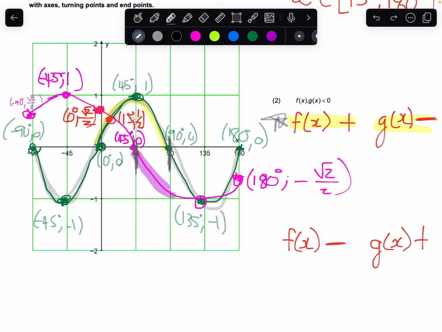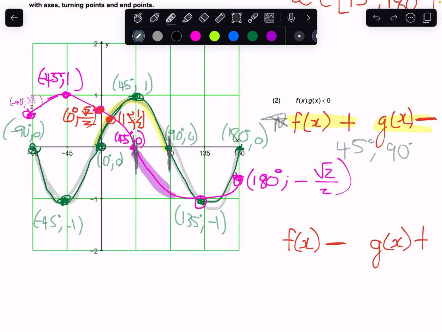Okay, so we're going to write that down. From 45 until 90, okay? Then, depending on this operator, whether it's less than 0 or less than or equal to 0, this helps us decide what we must do with the boundaries, 45 and 90. Do we include them? Do we not? So let's see what's happening at 45.